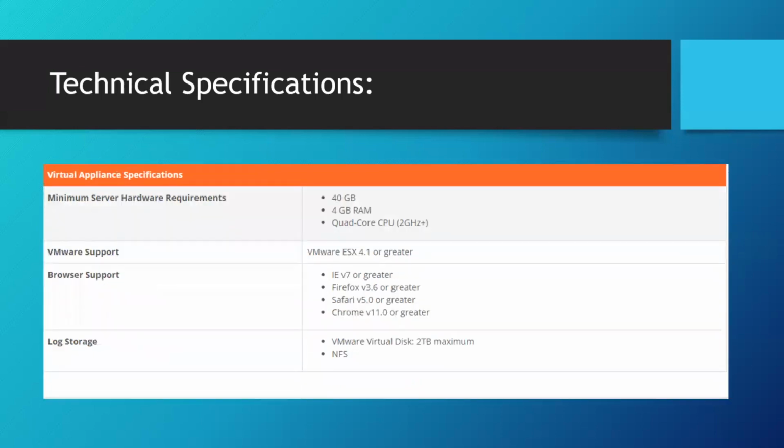Now about the virtual appliances, the minimum server hardware requirements are 40 GB of hard drive, 4 GB of RAM, and a quad core CPU, which means 8 threads. Quad core means 4 cores and 8 threads.